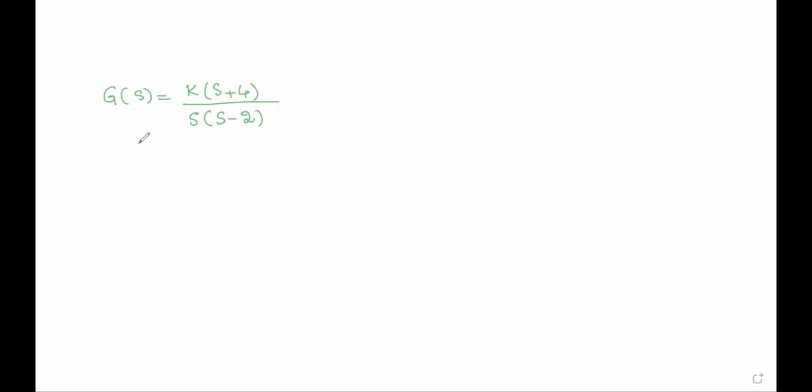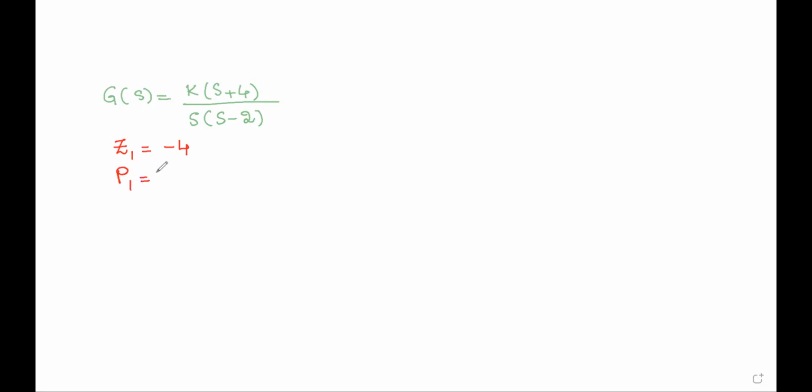So from this problem, let us write the number of poles and zeros and those values. So here only one zero is existing, that is minus 4. It is on left hand side and two poles are existing.